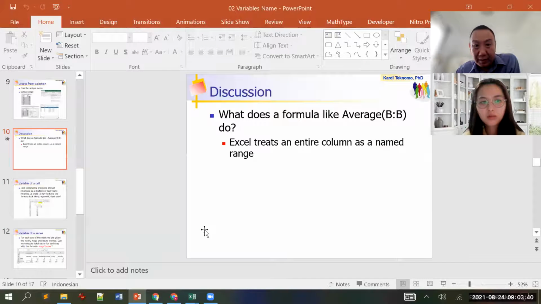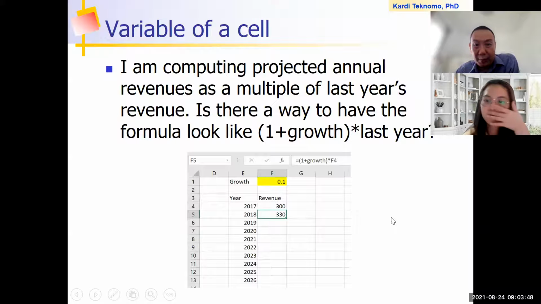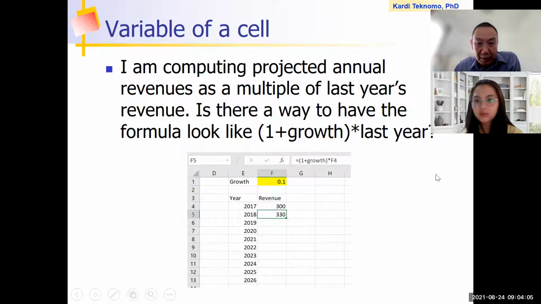Okay, next. This is a case study. I'm computing to project annual revenue as a multiple of last year's revenue. The question is, is there a way to have the formula look like 1 plus growth times last year? Can you practice this now? You create a growth of 0.1, and you have years, for example, from 2017 to 2026.